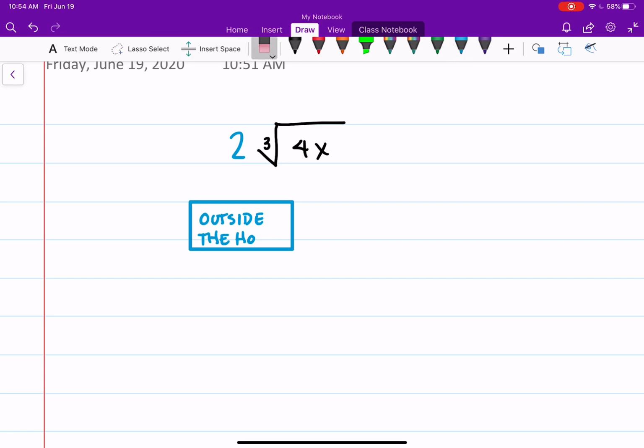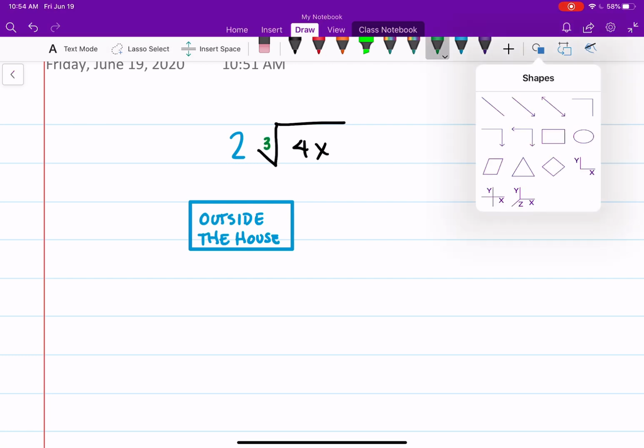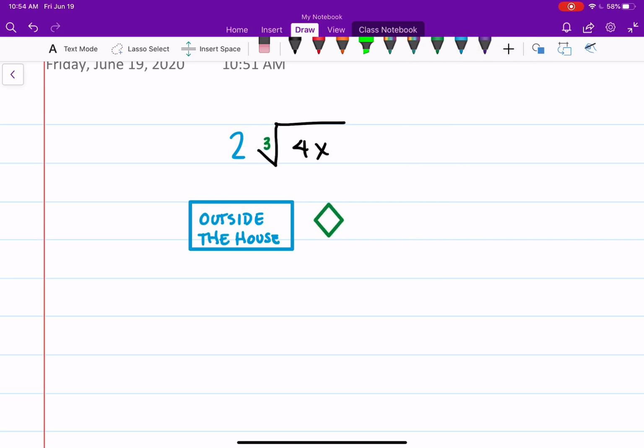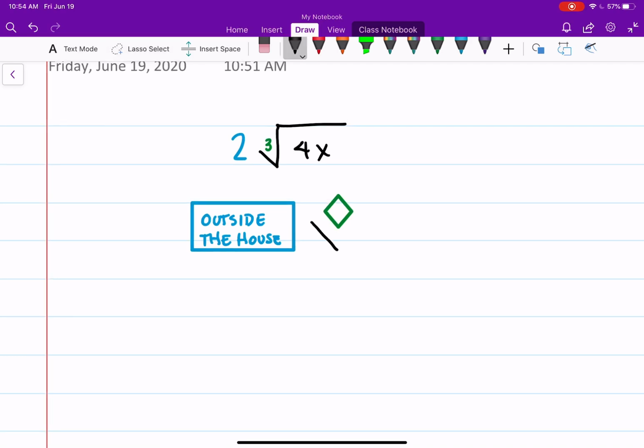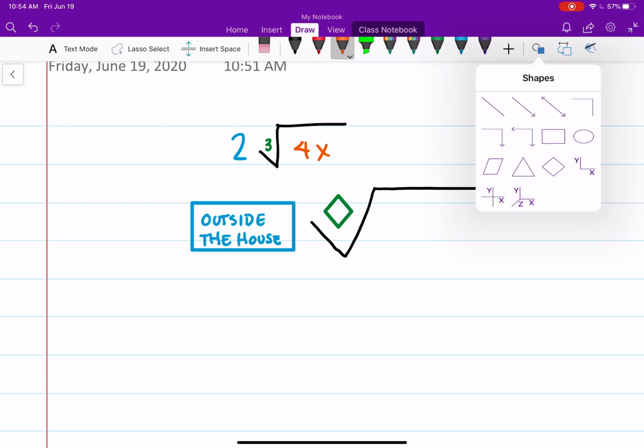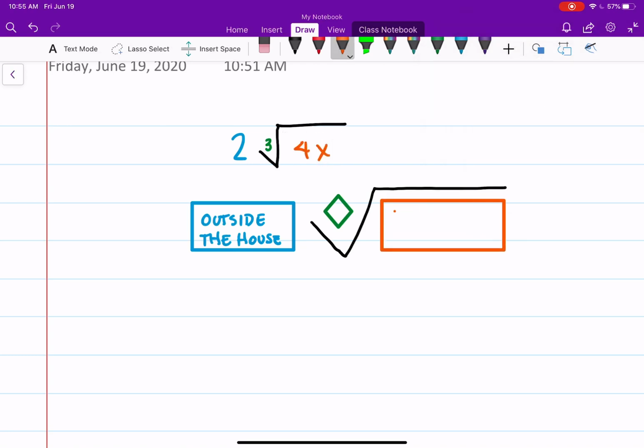This right here is a house, and then we are going to lasso this here and make this orange, and this orange will be inside the house.